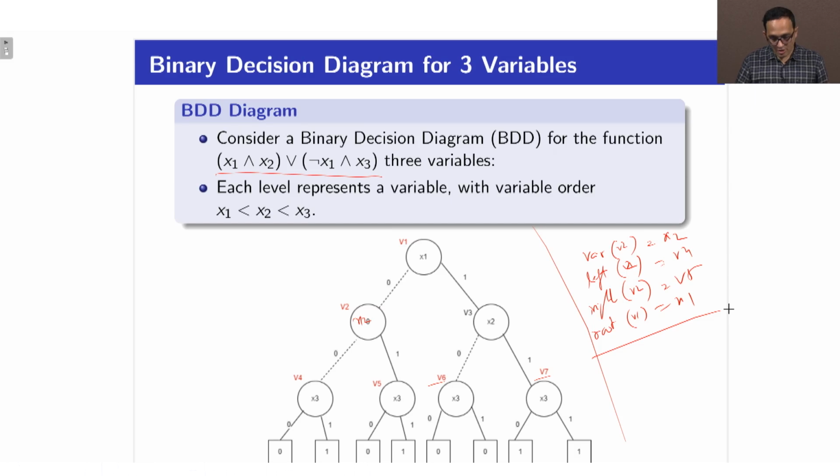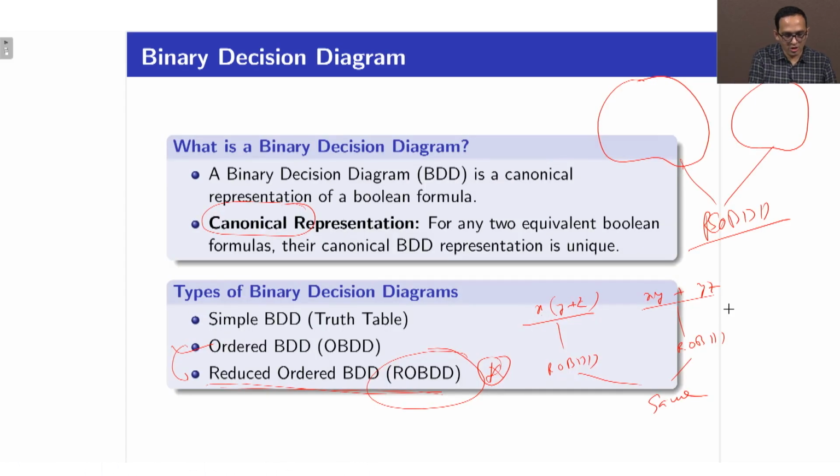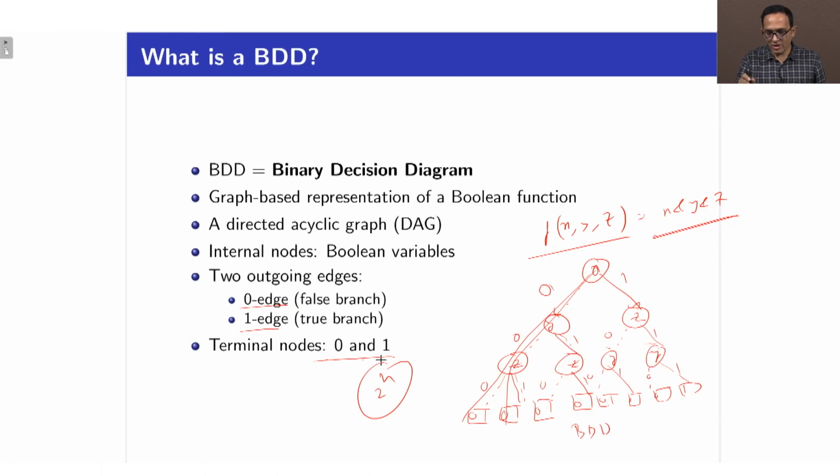These are the common terms. Now, what was I talking about, the ordered BDD, and how is it different? You see here, when I construct the BDD of this x, y, z, in this path I consider x followed by y, then followed by z. In this path I consider x followed by z followed by y. So the order is different. In different paths you have a different variable order.